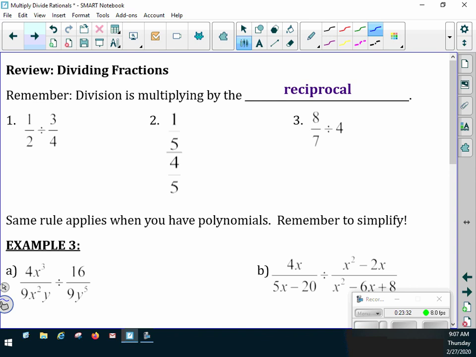Listen, all you have to remember about division is it's one step and then it's a multiplication, and you do what we've just done. 1/2 divided by 3/4 is the same as 1/2 times 4/3. And then you do exactly what we've been doing.